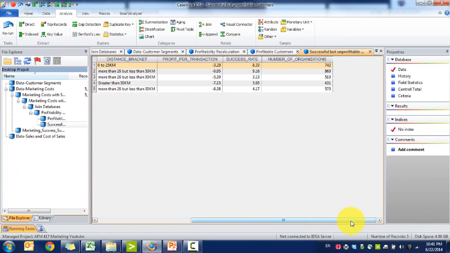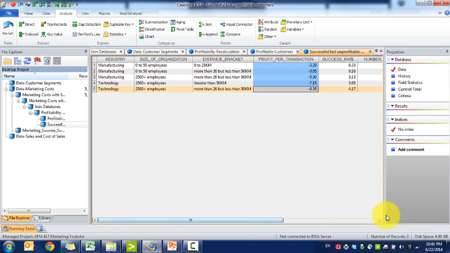So what this will tell us is that these were where we were able to successfully market to these organizations, but what we're selling to them is just not profitable. So if we could sell more to them, reduce our cost, reduce our marketing costs, then it'd be likely that we'd actually market to these customer segments.